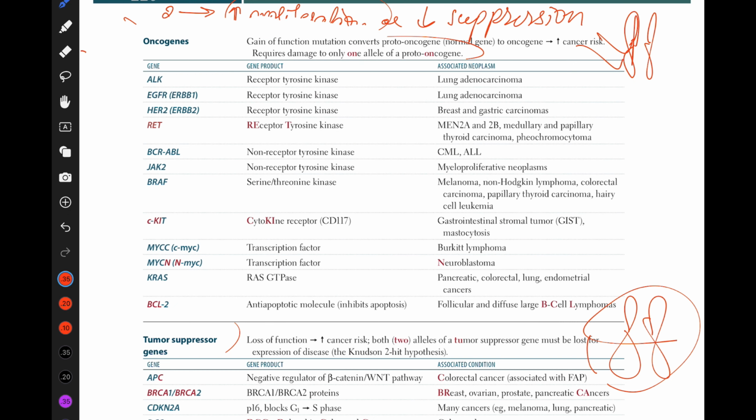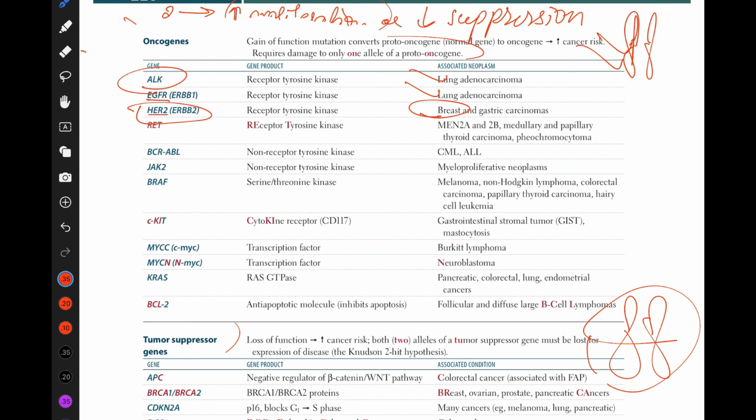We have some genes that are involved in cancers: ALK, the anaplastic lymphoma kinase, that goes to lymphoma, EGFR, and HER2. EGFR is the epidermal growth factor receptor, while HER2, human epidermal growth factor receptor 2, is an overexpression causer in breast cancer.